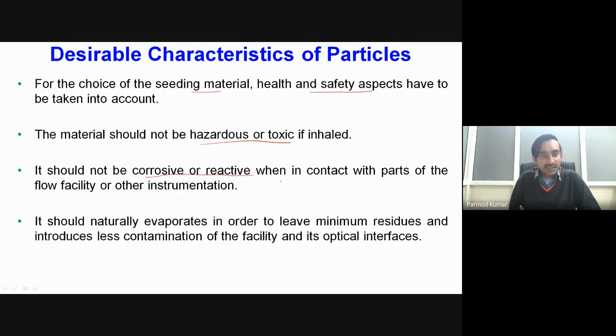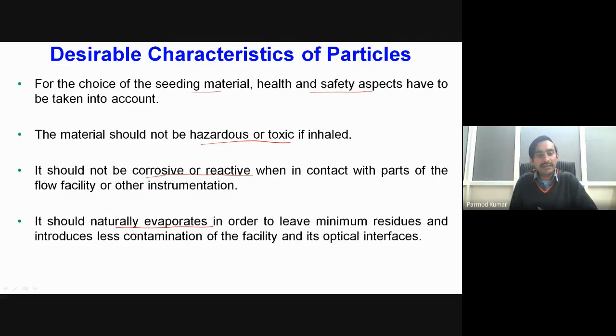Apart from that, these particles, whatever will be sitting inside our flow field, should naturally evaporate. Okay, so if the particles are evaporating naturally, in that case, what will be happening? We will not be having any residue of the particle inside our fluid medium.